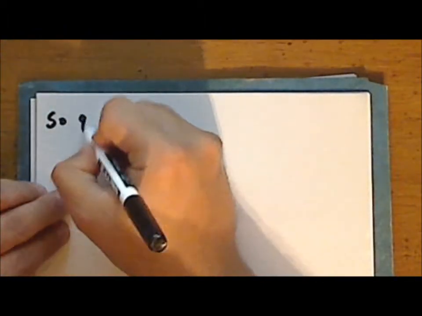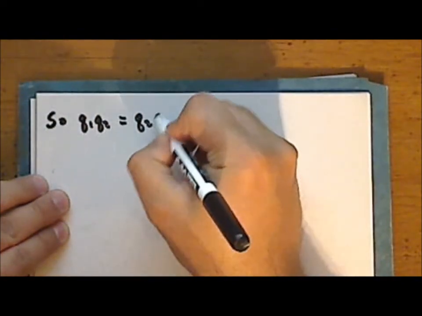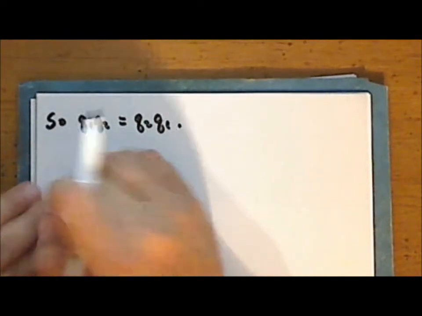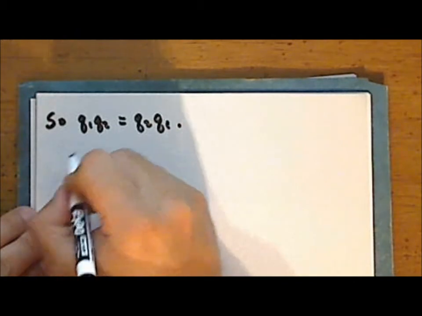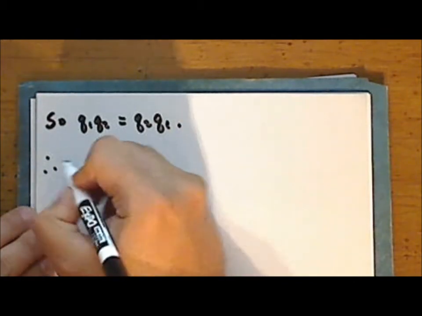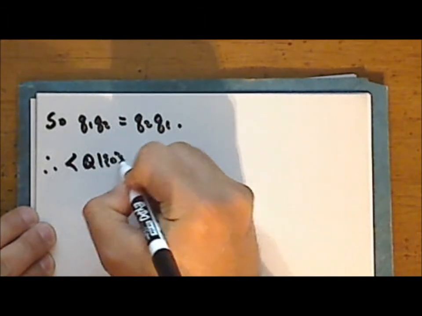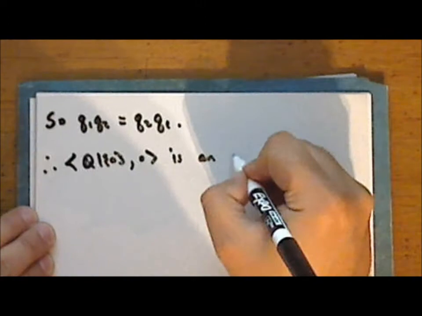And so the product q sub 1 times q sub 2 is the same as q sub 2 times q sub 1. And hence multiplication is commutative over the non-zero rational numbers as well. And so we have that the non-zero rational numbers under multiplication is an abelian group.